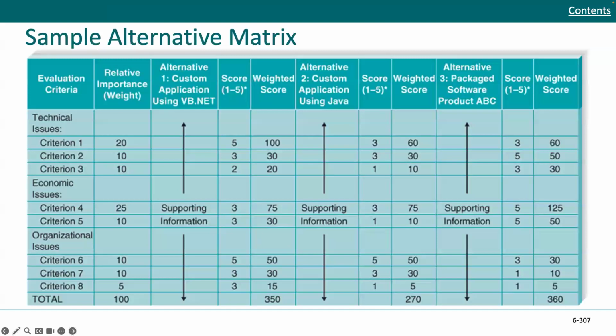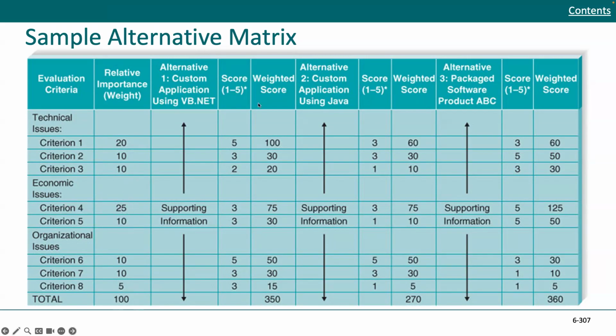So here is an example. We have three possible alternatives. We have a total of 8 criteria, straddling technical, economic, and organizational issues. We have the weighting, and so you can see that the criteria number 1, we're not being specific at this point, but this is relatively high. The highest one is under economic, and you can see that some of them are lower.